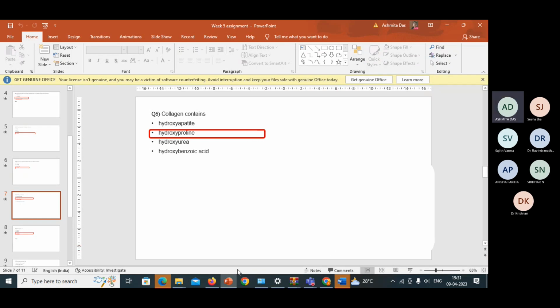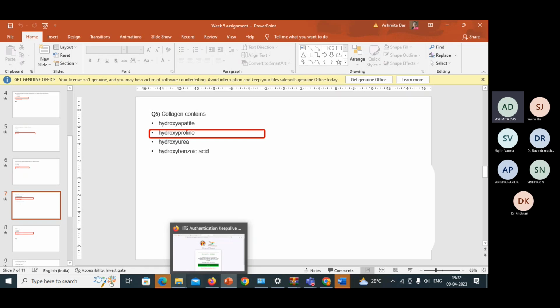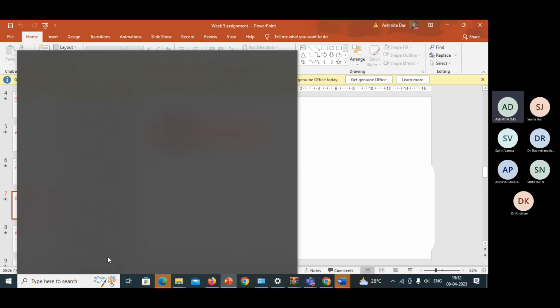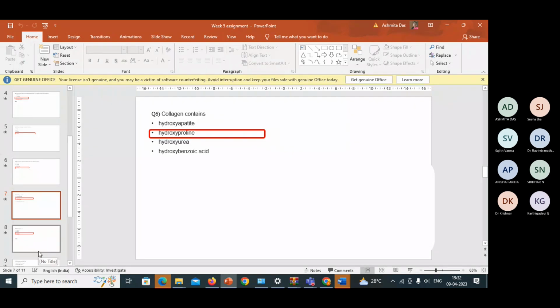Both are protein. Basically the collagens are more flexible, whereas hydroxyapatite is the main component of the bone. Both are similar in nature and both are used in the bone scaffolds.